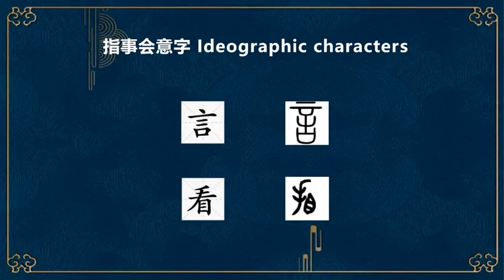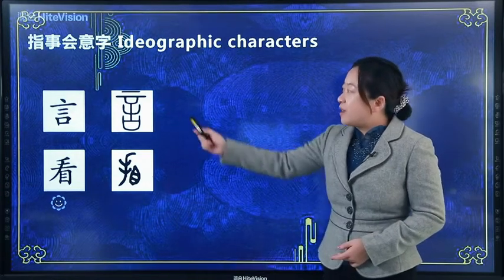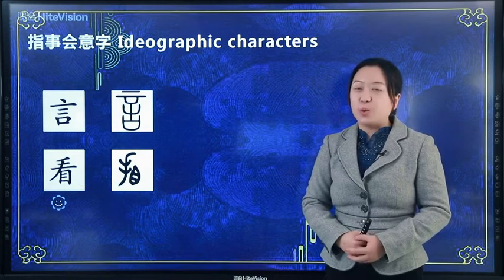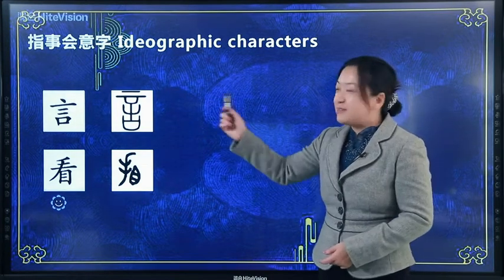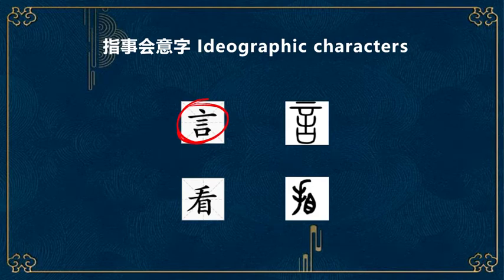There are some other very interesting ideographs, such as 言. When you say the Chinese language, we always say 汉语语言. 言 is this one. In this character, you can see at the bottom there is a mouth, 口. This new character looks just like a sound wave coming from the mouth.